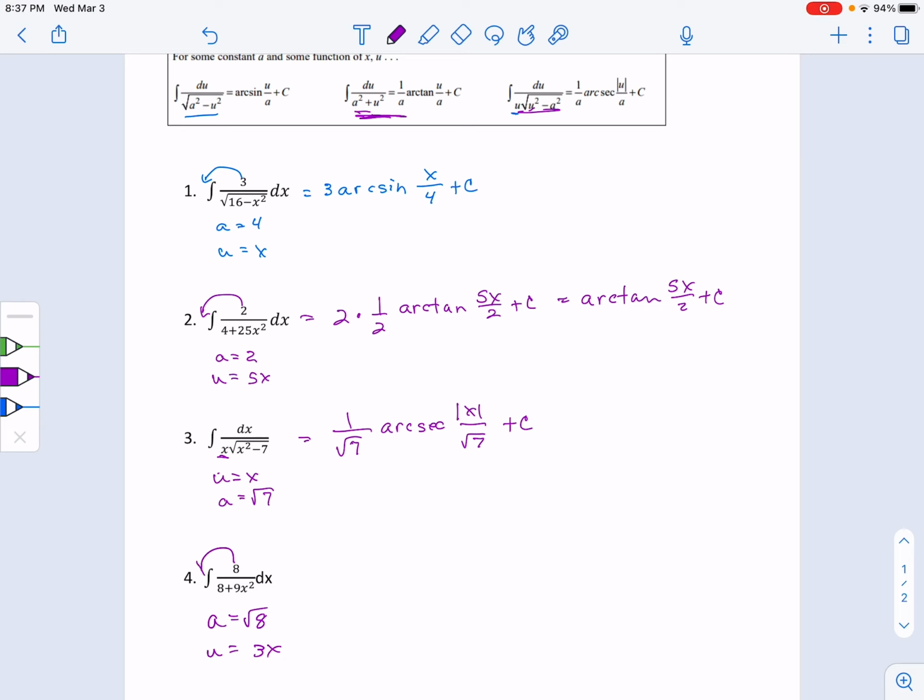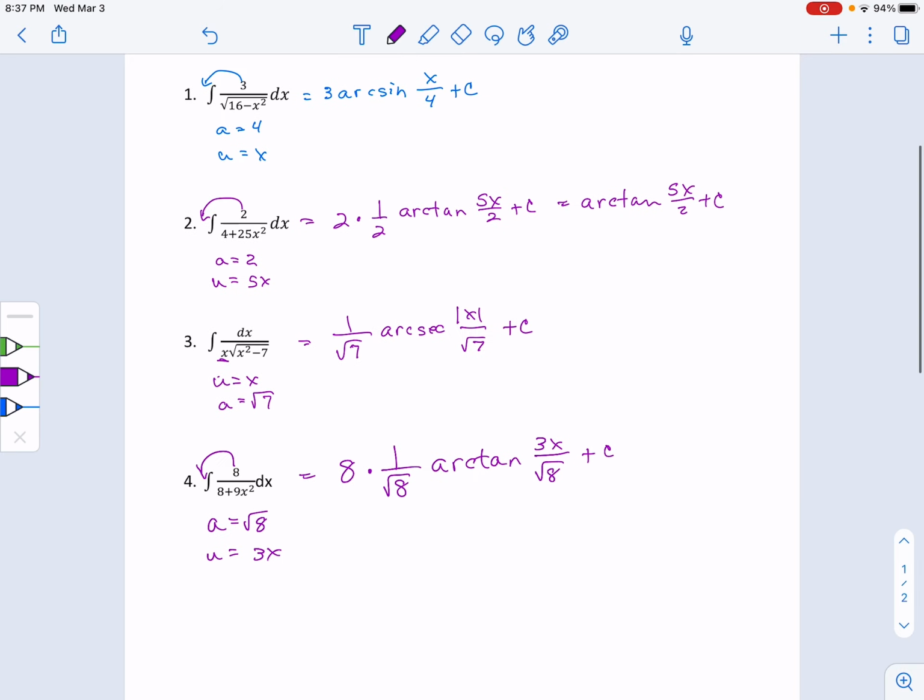This 8 wraps to the front, so now I have 8 times 1 over a arctan of u over a plus c. If I try to rationalize this, you'd multiply top and bottom by the square root of 8, and then the 8's cross out, so you end up with the square root of 8 times the arctan of 3x over the square root of 8 plus c.